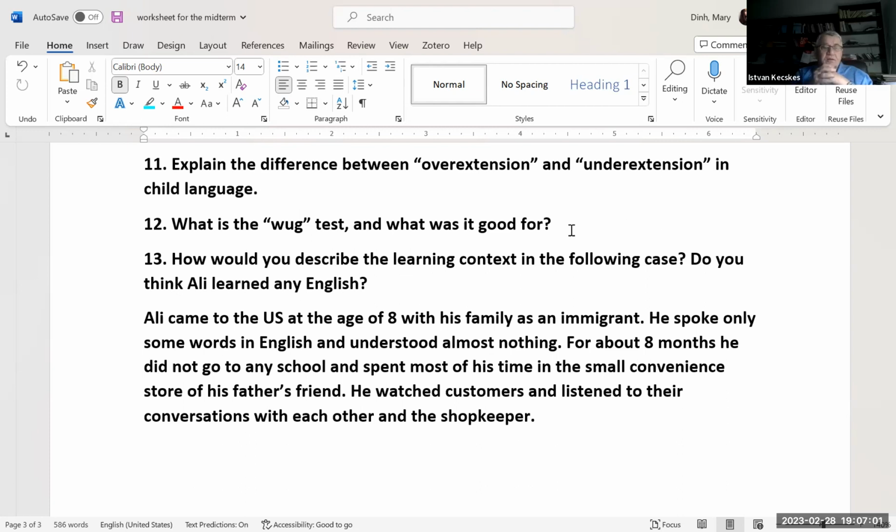Ingrid, what do you think? I think he's learning English. He's learning English through passive socialization instead of in a classroom setting. Because he didn't go to school, and he spent most of the time in the store and only listened and watched the customers talk to each other, but he didn't talk to any of them.